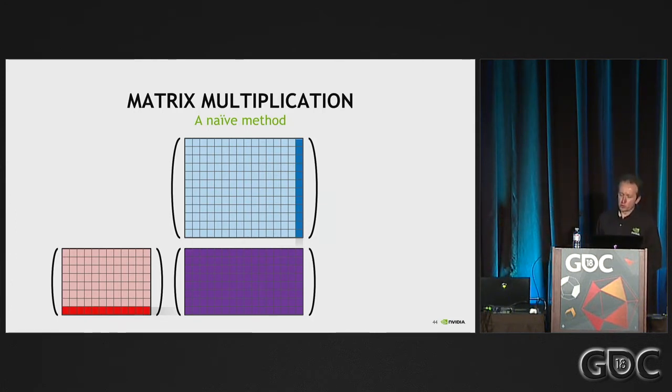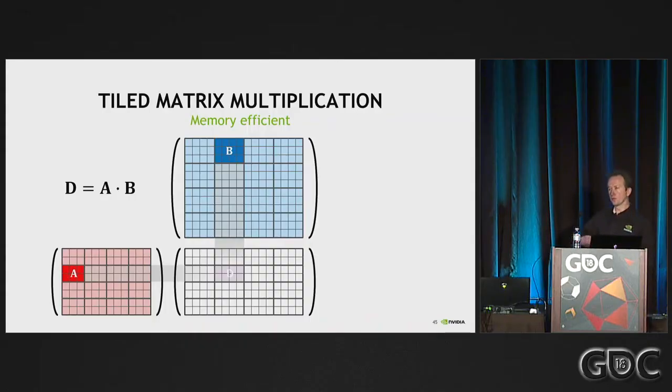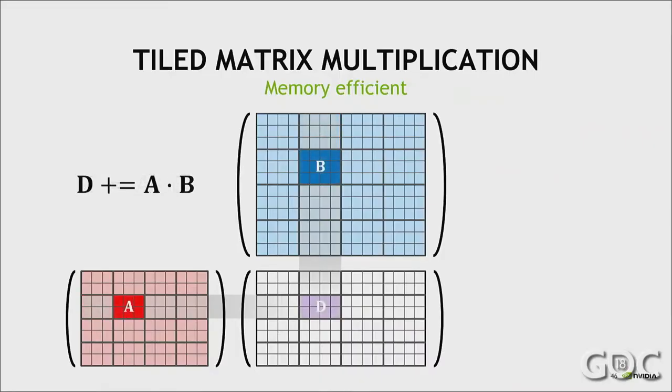So a much better approach is to tile the matrix, right? Subdivide the matrices into a set of tiles. Then rather than computing full dot products at every step, we compute partial matrix products, and we accumulate them into the destination by walking the corresponding columns and rows of tiles, right?